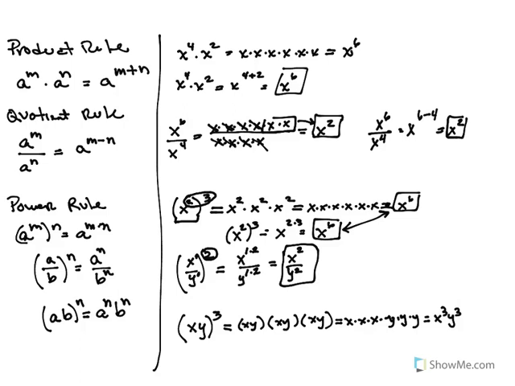But again, why are you expanding? Just so that you can condense it again. So here, we can just apply the power rule and distribute that exponent to each exponent that's present. So x to the 1 times 3, y to the 1 times 3, which gives us x cubed, y cubed. And that's exponent rules.